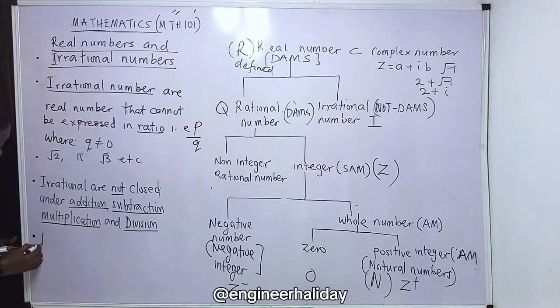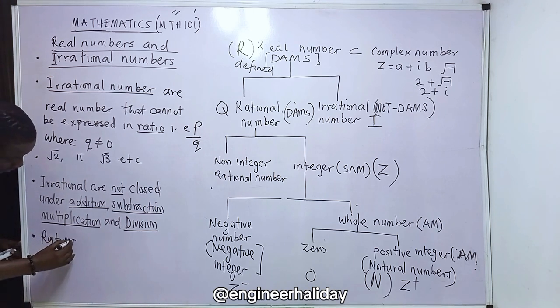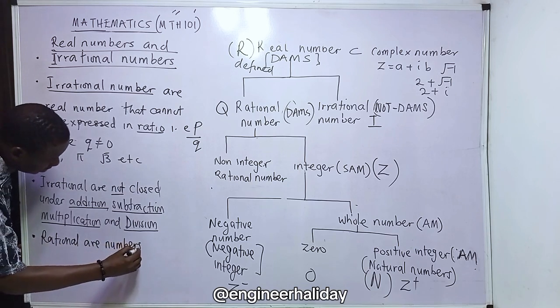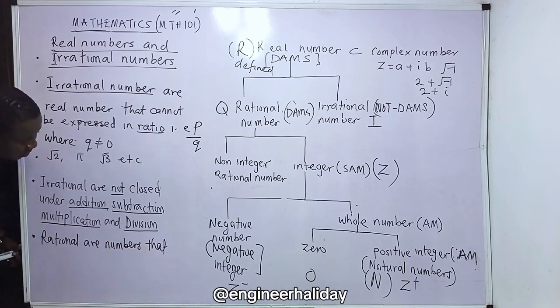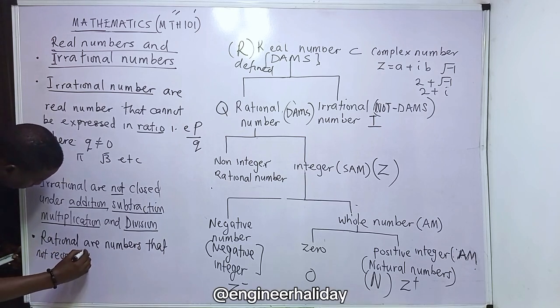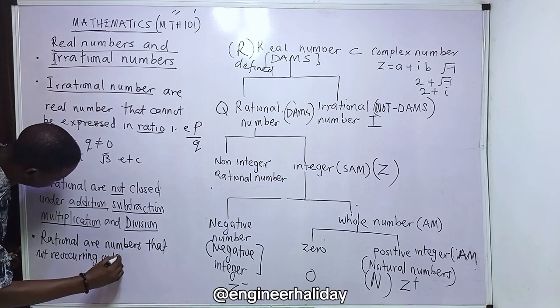Then irrational numbers are numbers that are not recurring or terminating.